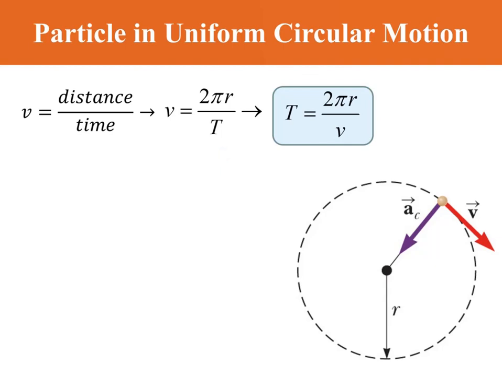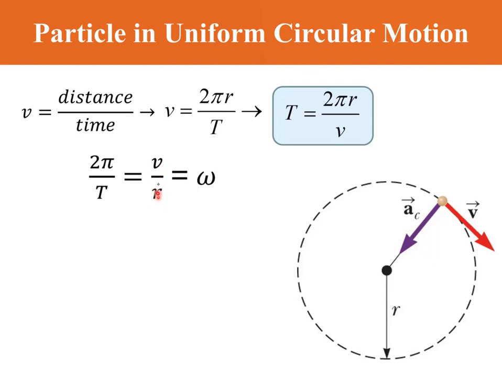So if you want to calculate the period of a circular motion, you can use this equation, 2 pi r over v. Then this equation can later be rearranged into 2 pi over T, which equals v over r.